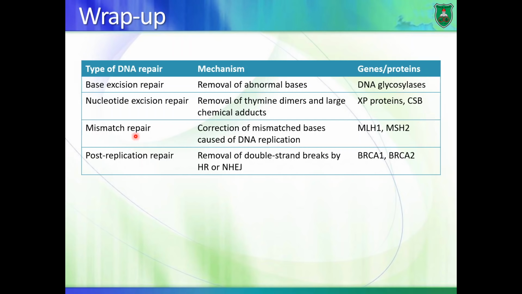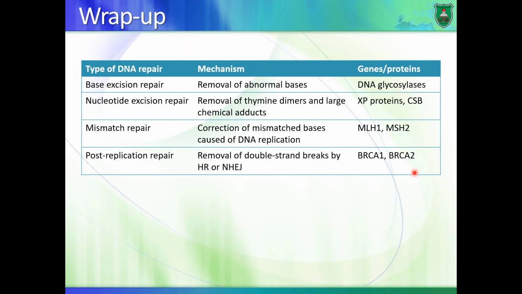We talked about the mismatch repair system, the involvement of the MLH1 and the MSH2, as well as the MutS and MutL proteins in bacteria. They work on mismatch bases, and we talked about the post-replication repair. We talked about the two pathways, homologous recombinational repair, and the non-homologous end joining and the problems associated with the non-homologous end joining repair system.